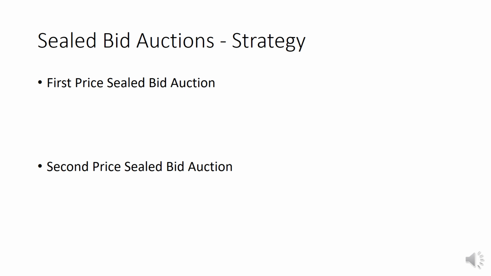In the first price, you want to bid low enough where it's still below your value, but high enough where you think you still have a chance of winning it compared to other bids. So it sounds like your strategy, if I might paraphrase a bit, is to shave your valuation a little bit. Why do you say that?